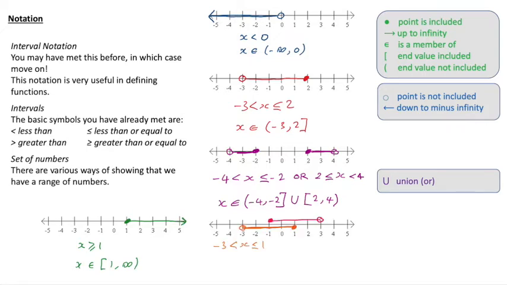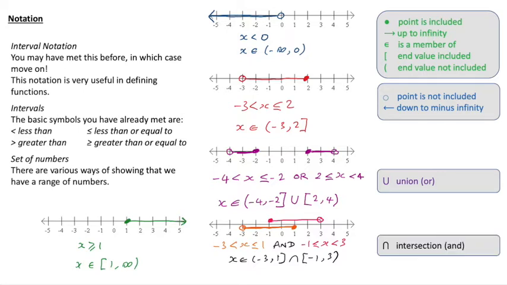We could have two sets which overlap, and it could be we want to define the values of x that are in both of those. So this will be an AND situation. We want x to be in the interval minus 3 up to 1, and from minus 1 up to 3. And so we can denote that as x is a member of the set from minus 3 to 1, and, or intersecting with, from minus 1 up to 3.